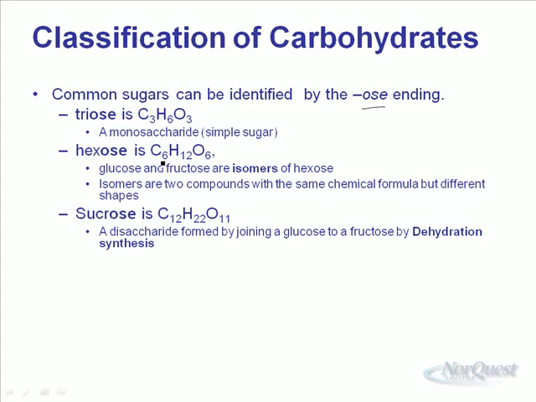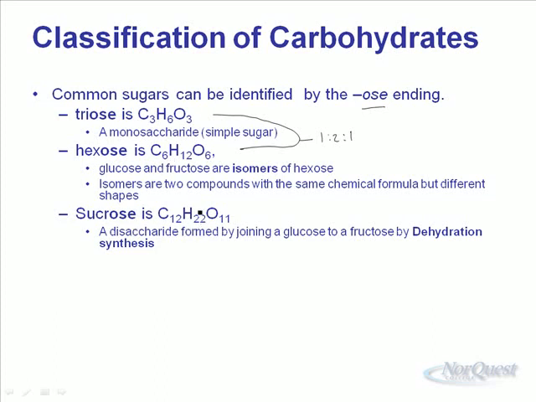And what you'll notice is that all of these simple sugars follow the basic 1 to 2 to 1 ratio. So 3 to 6 to 3, there's twice as many hydrogens as there are carbons and oxygens. Same thing with hexose, twice as many hydrogens as there are carbons and oxygens.